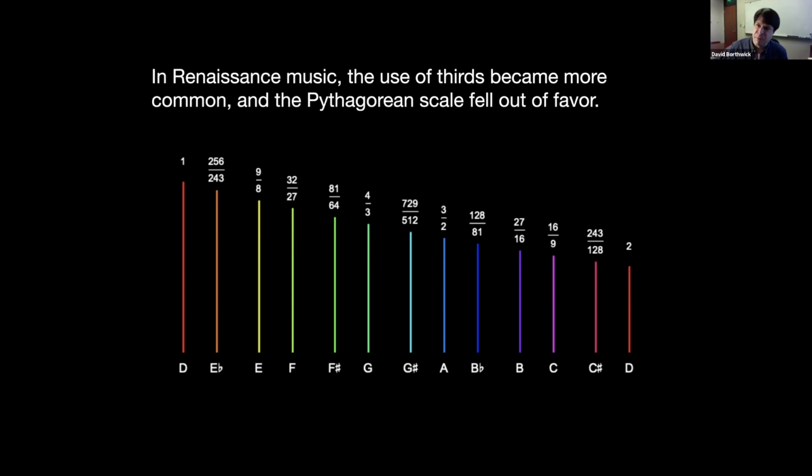And 5 is a prime number, so there's, of course, no way you can really get that if you're only using powers of 2 and 3. So what Pythagoras assigns to that 5/4 ratio is 81/64.